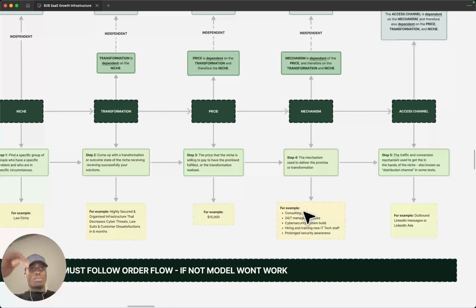So the mechanism that delivers the promise is a tool, so it's a product. With that, what niche am I targeting? We're going to look for the channels that that kind of niche or ICP criteria is active on. It could be LinkedIn, Meta, or Google.